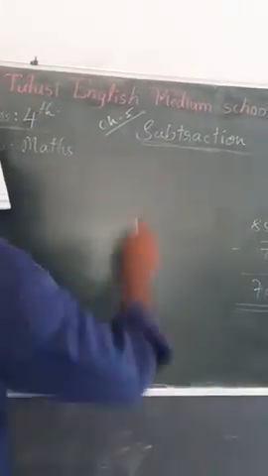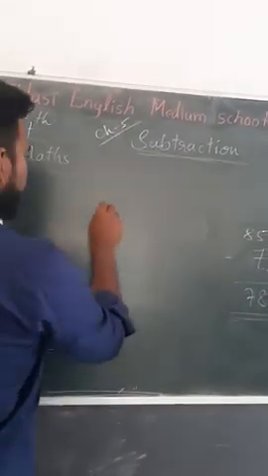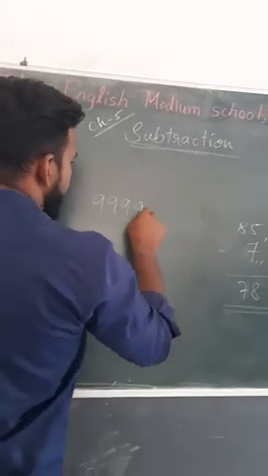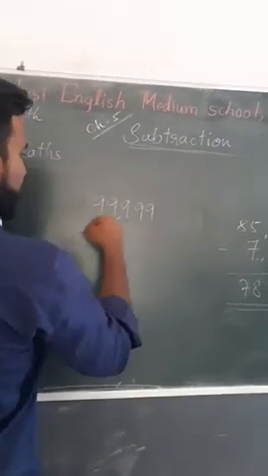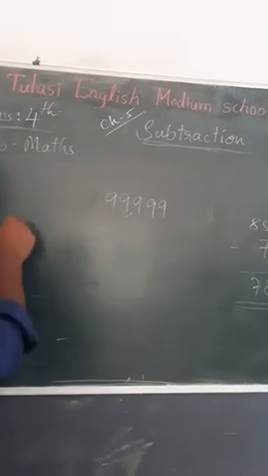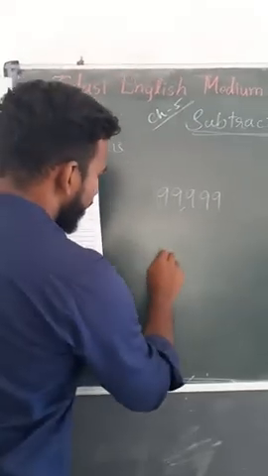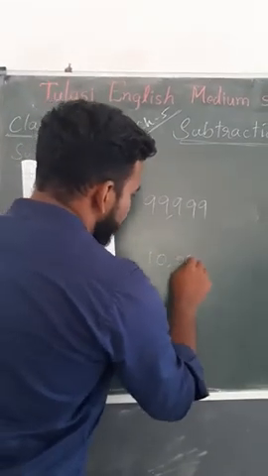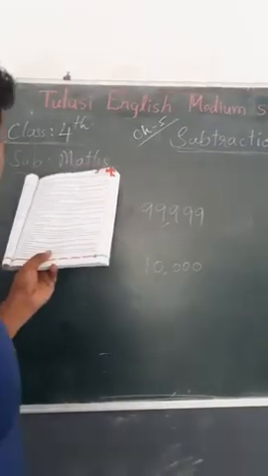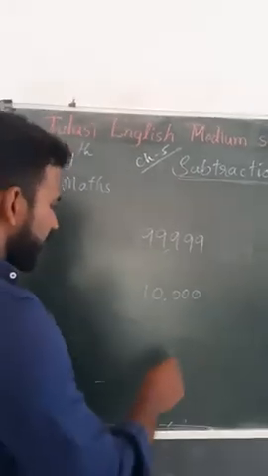Difference between greatest 5-digit number, 99,999 is the greatest 5-digit number, and sum of the smallest 5-digit number and greatest 4-digit number.